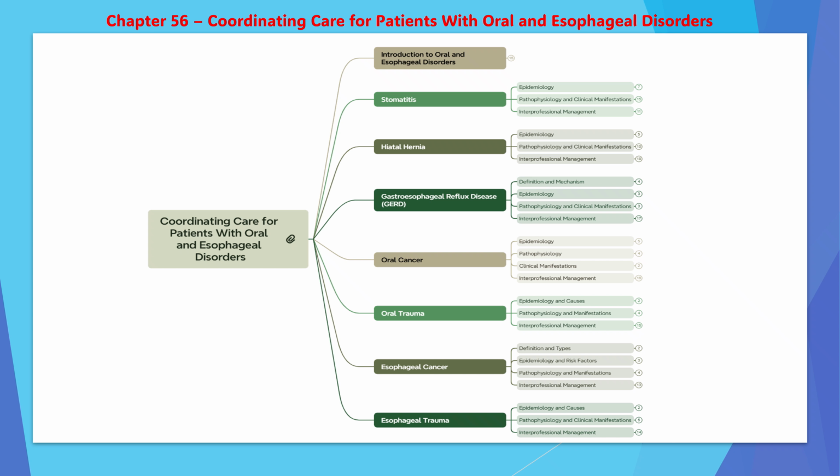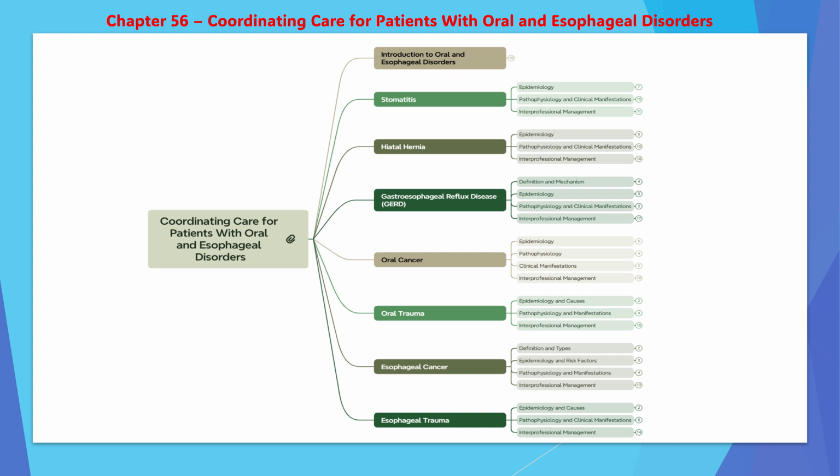Conditions range from benign inflammation to life-threatening cancers or trauma. Nurses are essential in early recognition, patient education, acute management, and long-term care. Disorders in those areas can impair nutrition, airway patency, and quality of life. This chapter covers common oral and esophageal disorders, their pathophysiology, diagnostic evaluation, management, and nursing care.